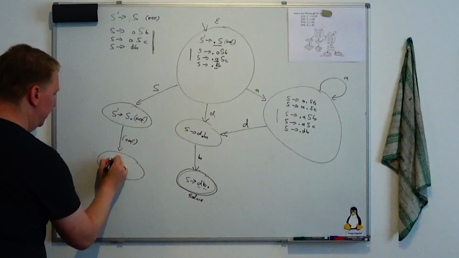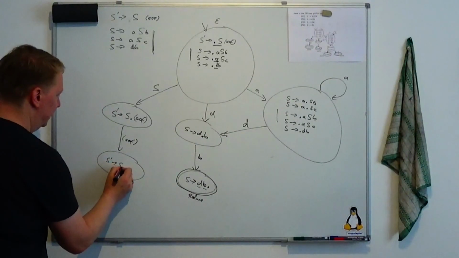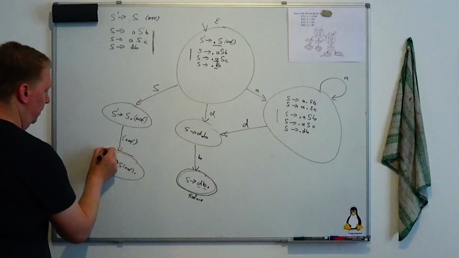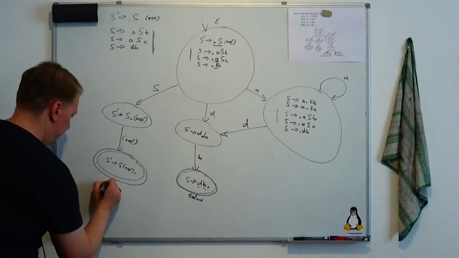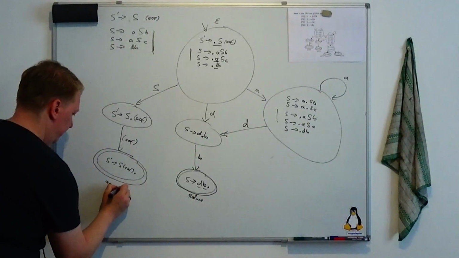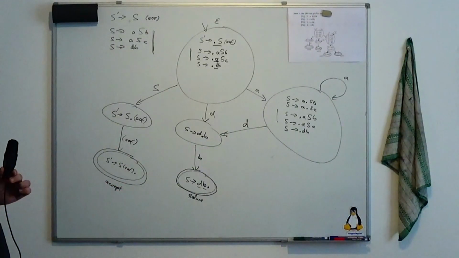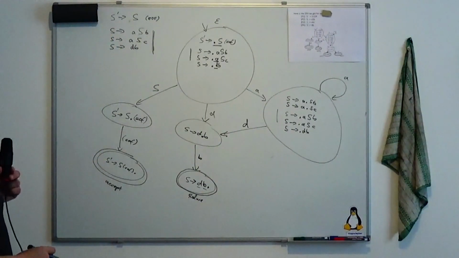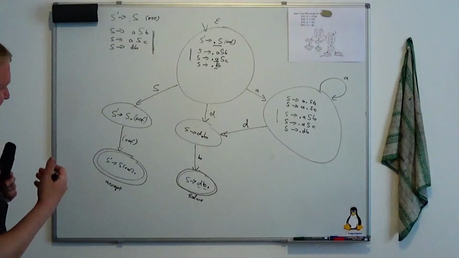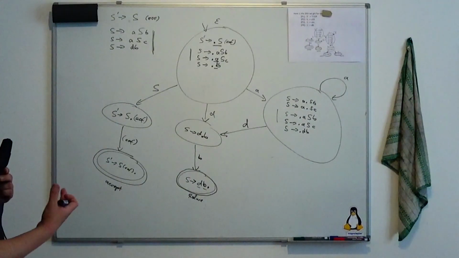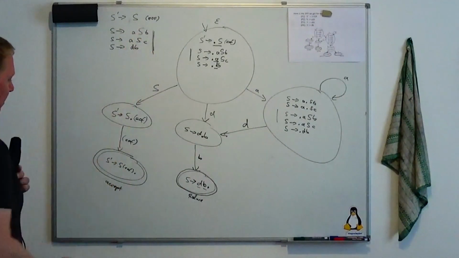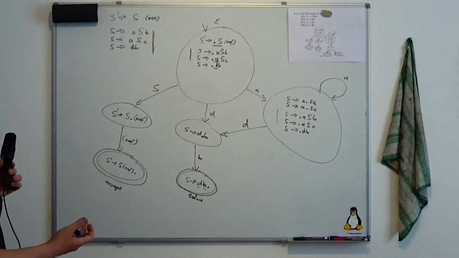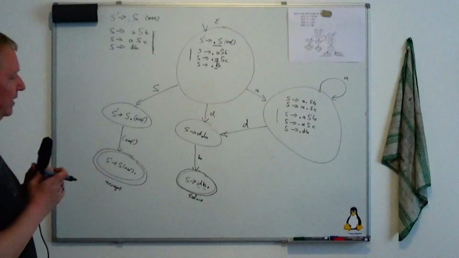Okay, so here we have S prime goes to S EOF period, and that is an accept state, because it means we have read something that corresponds to our grammar, and then the input was also over, which we required. So this means everything was fine. We can now stop.